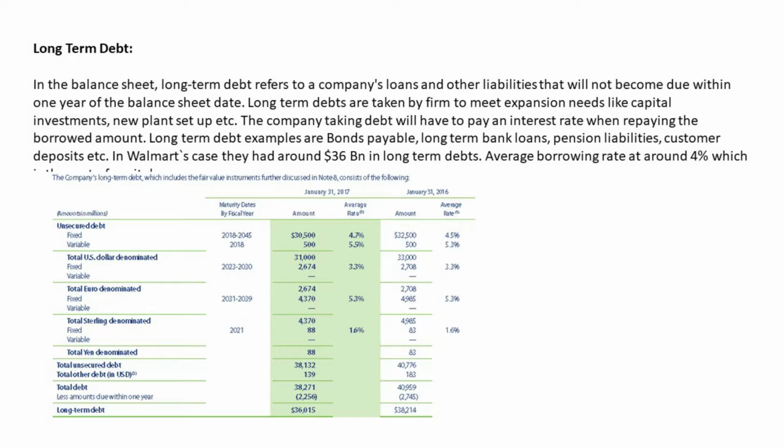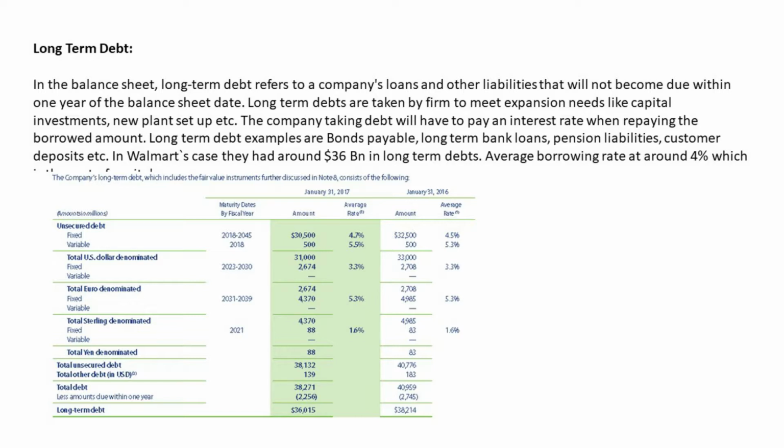Long-term debts are taken by the firm to meet expansion needs, high capital expenses and capital investments like new plant setup, buying large-scale machinery, or setting up a factory building. These are all types of long-term assets, and to buy or set up these assets, the company would have financed from banks and financial institutions at certain interest rates, and these debts or loans form the long-term debt.